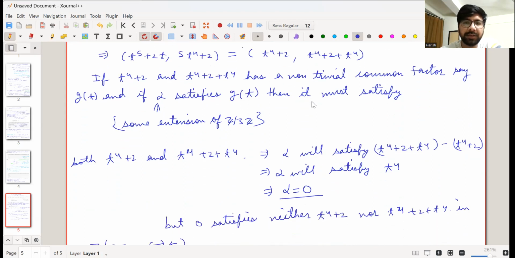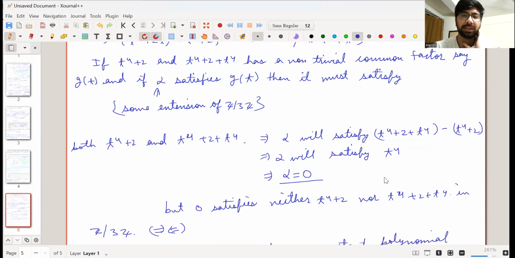That is, it must satisfy both T^4 + 2 and T^4 + 2 + T^4. Then alpha must satisfy their difference also, but their difference is T^4. So alpha will satisfy T^4 if and only if alpha is 0, right? But 0 satisfies neither T^4 + 2 nor T^4 + 2 + T^4 in Z mod 3Z.